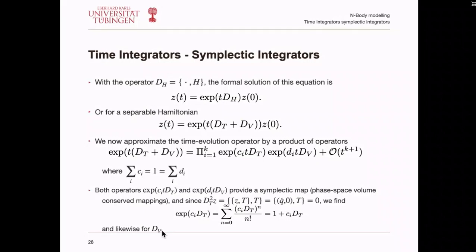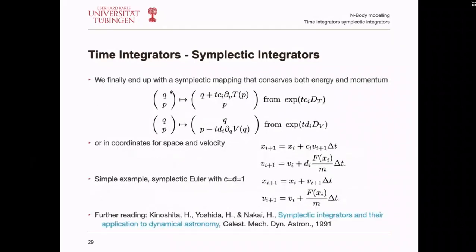So if you have this, you can write down a symplectic mapping that conserves both energy and momentum for Q and P. And this is what happens here. With these findings from the page before, we get a symplectic mapping which maps Q and P to new values coming from the kinetic term, and the same mapping coming from the potential term with these coefficients d_i.